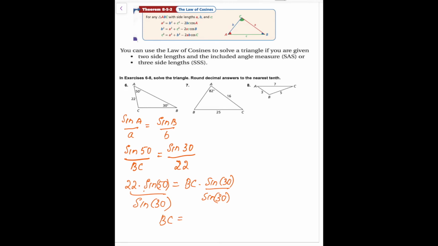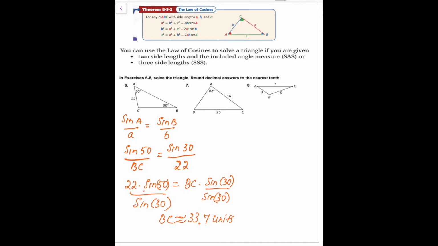So you will be getting BC is approximately equal to 33.7 units.